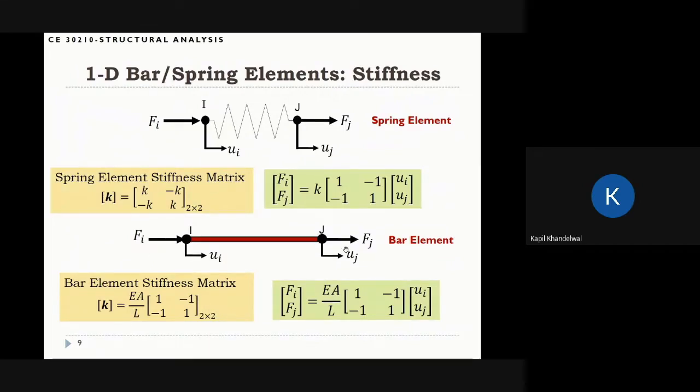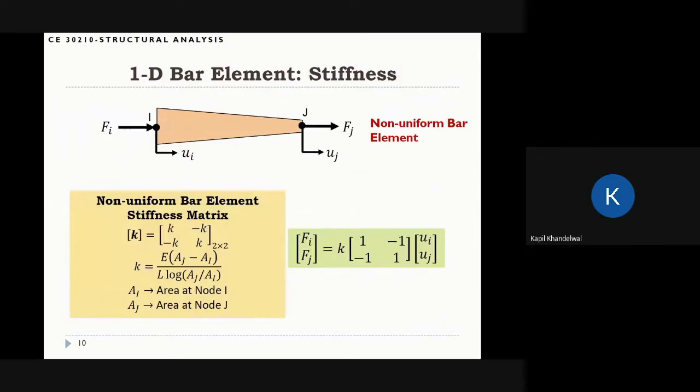Then we also derived stiffness for a bar member with a non-uniform area. In this case, we said that the area changes linearly from one end to the other. The area at node I was Ai, and the area at node J was Aj.